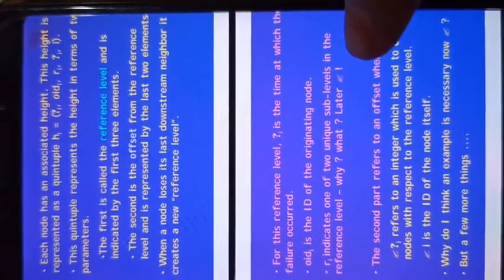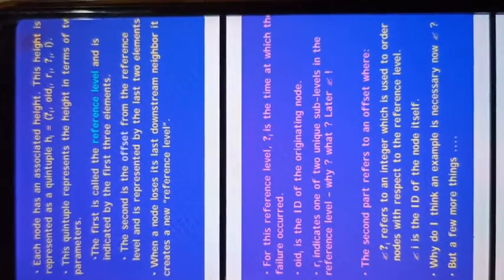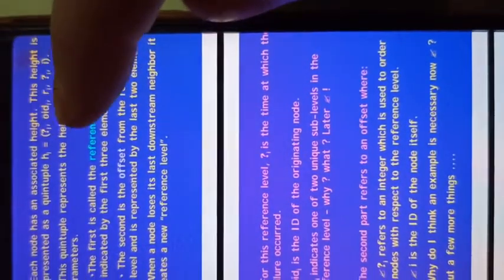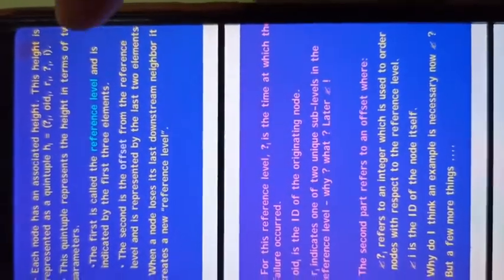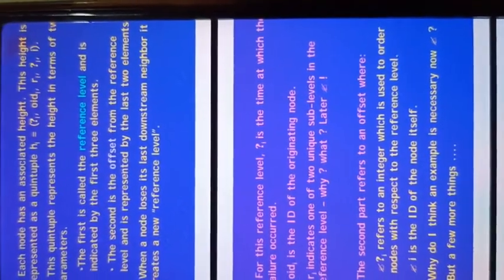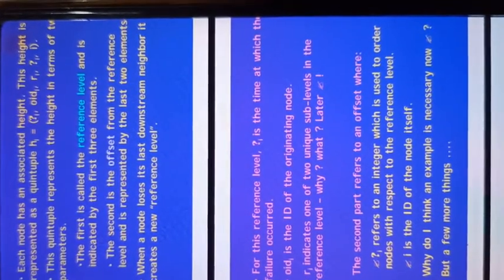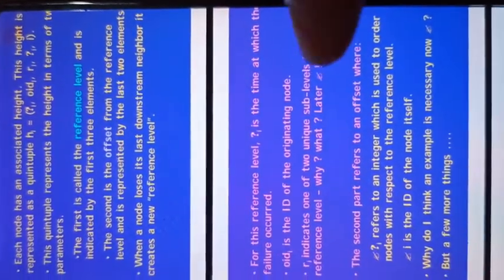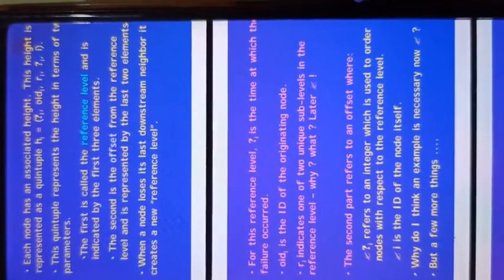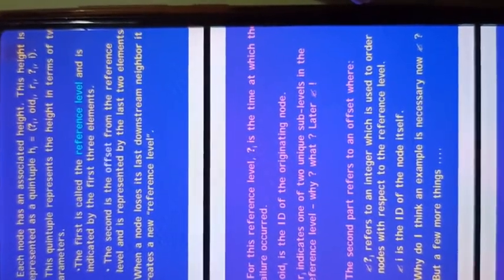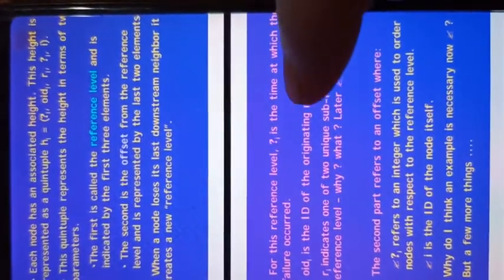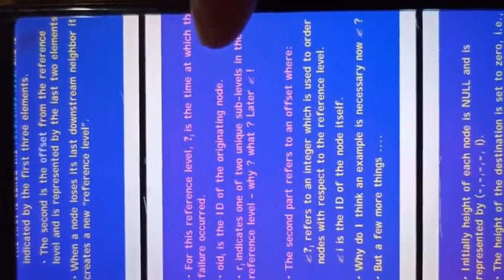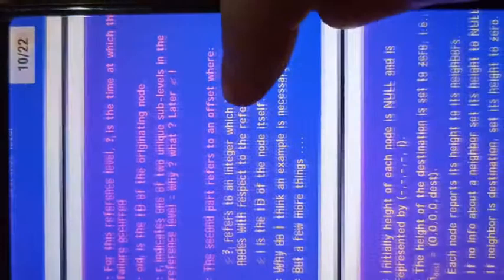This is the quintuple that we studied: the height, that is the reference level, and we have the offset. The second part refers to an offset, where delta is an integer used to order nodes with respect to the reference level, and i is the ID of the node itself.